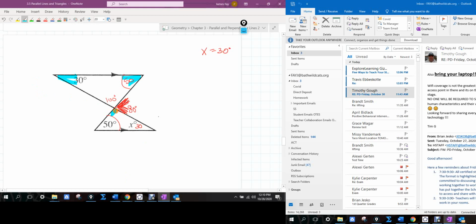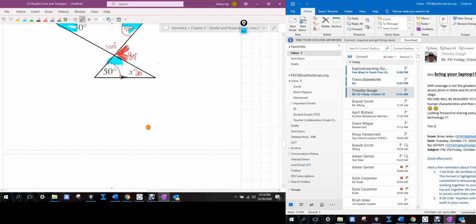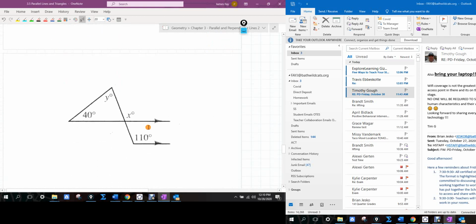What would this angle right here be? 100. Why? Because vertical. Okay, it's vertical with that one. Is it also supplementary with that one? Yes. Is it also part of this triangle in which I already know 80? Yes. I think that's all the connections you can make with that. Give that one a shot. Do that one on your own.